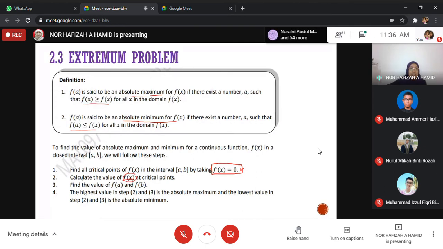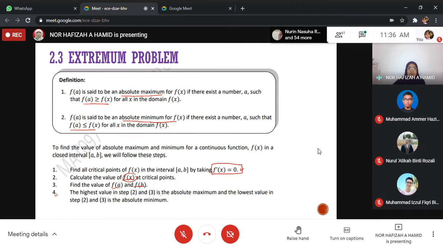Okay, tapi kita ada 2 additional step dia. You ada find value of f of a and find value of f of b. So yang ini value pada interval. And number 4, the highest value in step 2 and 3 is the absolute maximum and the lowest value in step 2 and 3 is the absolute minimum.